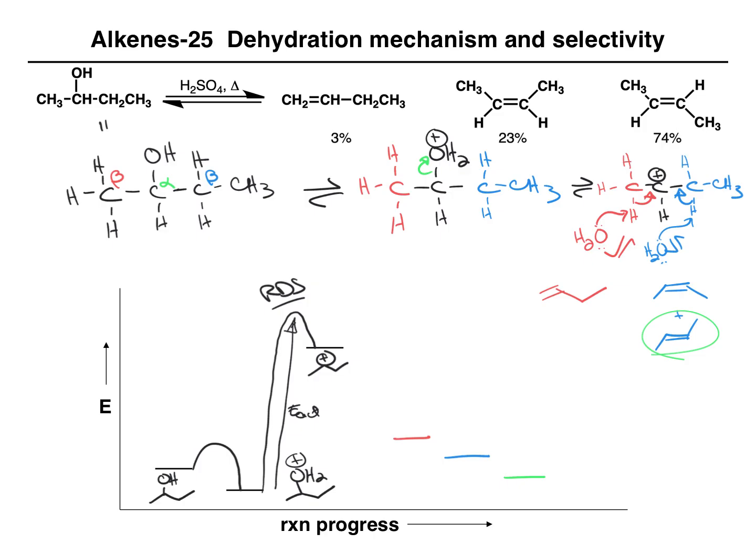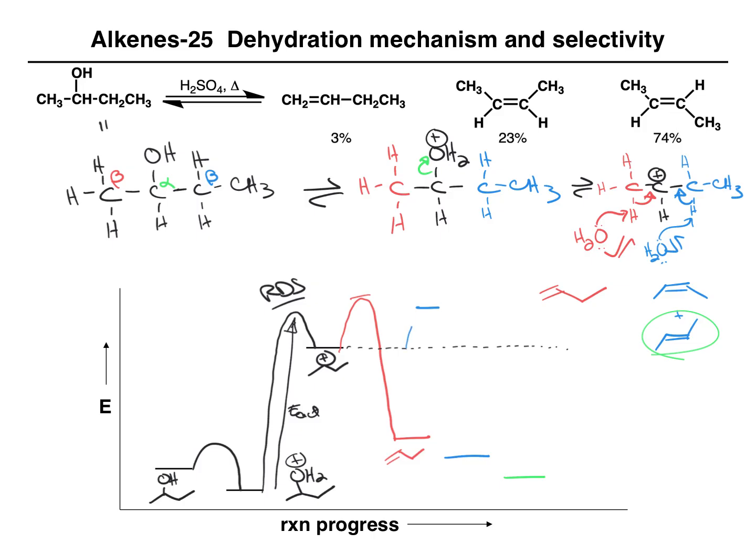From our carbocation, this is going to pass through a transition state, and maybe that transition state is up here, leading to the formation of this product. Now I'm just going to extend this out. This is the energy of our carbocation intermediate. And if we look at the blue pathway, maybe the transition state for the blue pathway is a little bit lower in energy than the red transition state.